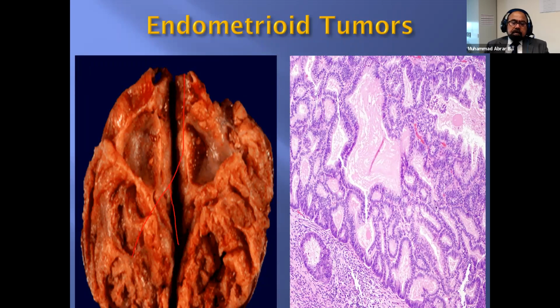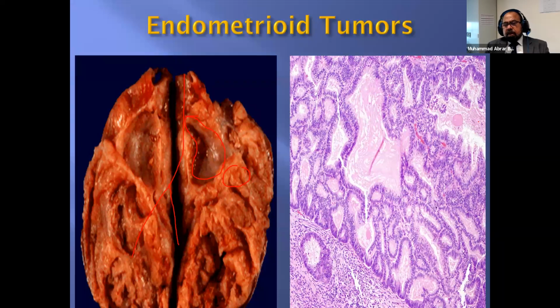You can see that there are cystic areas, there are solid areas, but not like serous carcinoma or mucinous carcinoma. You see some serous or mucinous secretion, but it is mostly a small amount of fluid, which is not actually the serous or mucinous type.